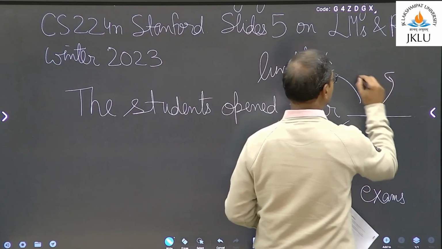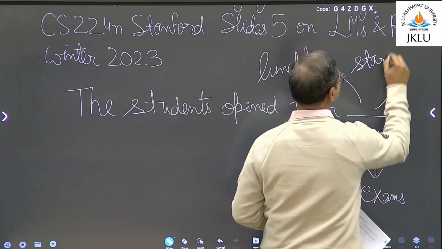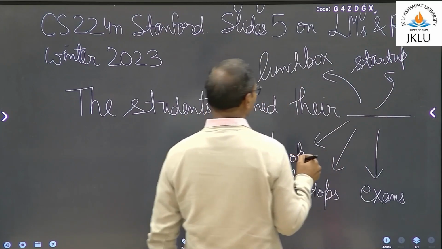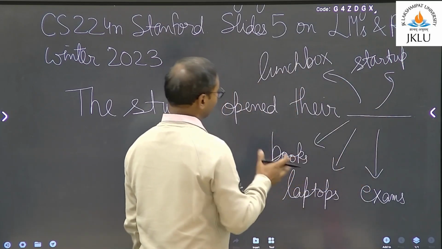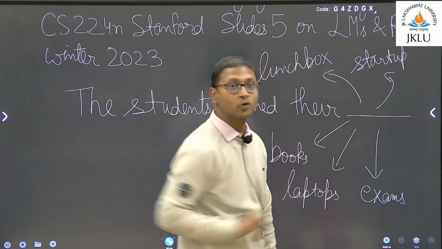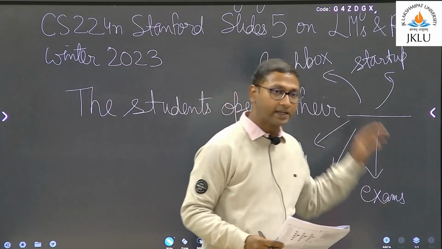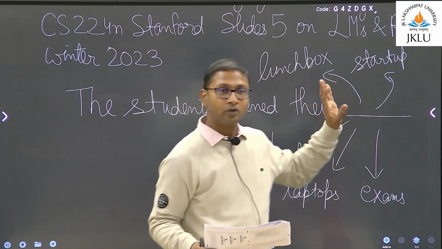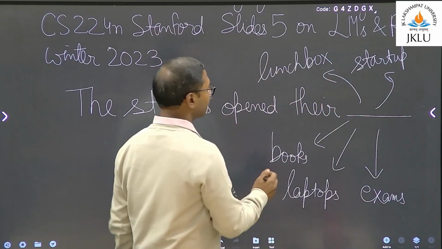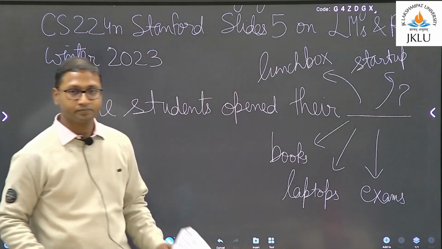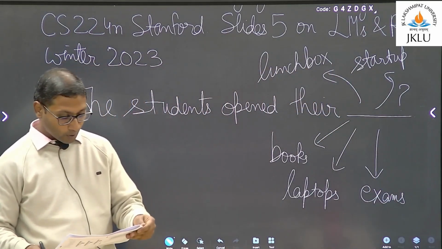Somebody also said startup. There are so many candidates, but if you talk about vocabulary size, these candidates are very few compared to vocabulary size. So the question here is, how are you going to generate this last word?